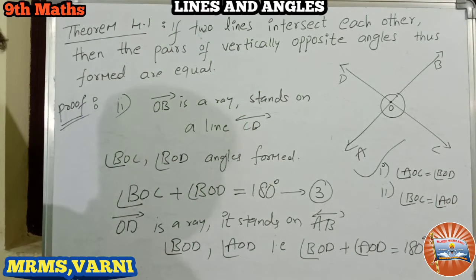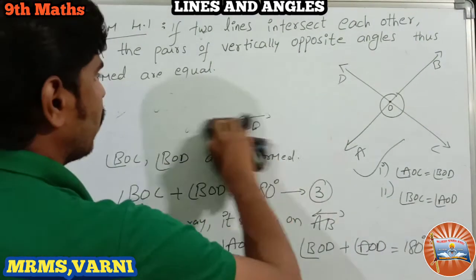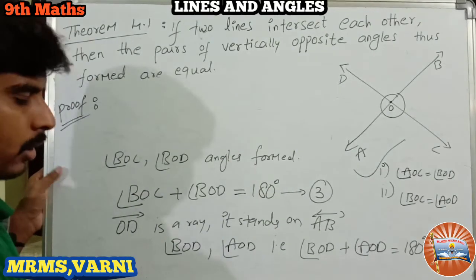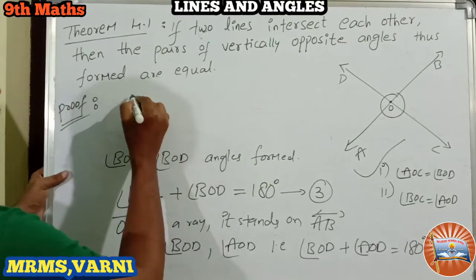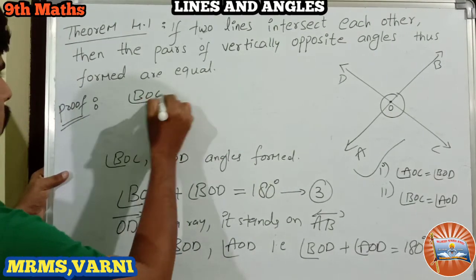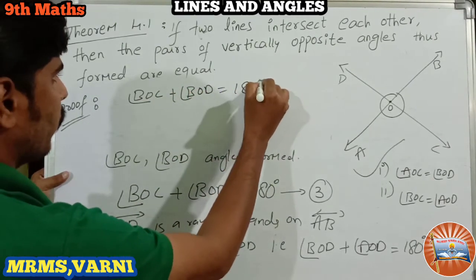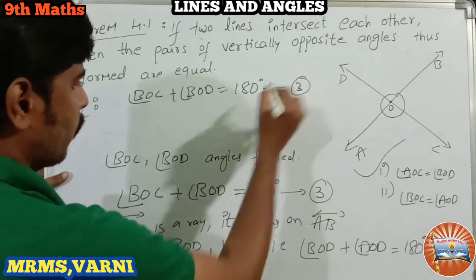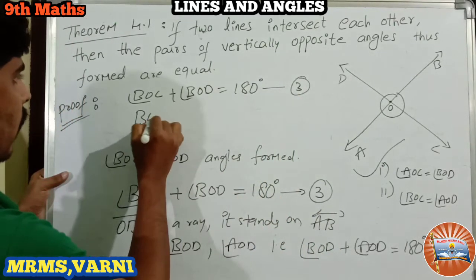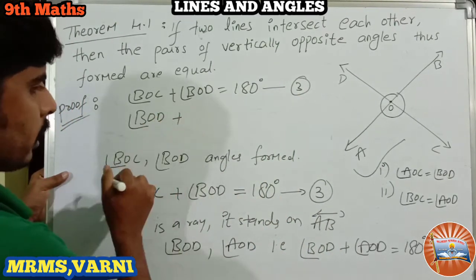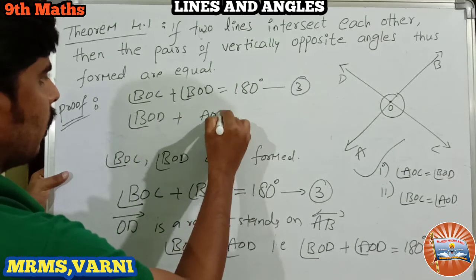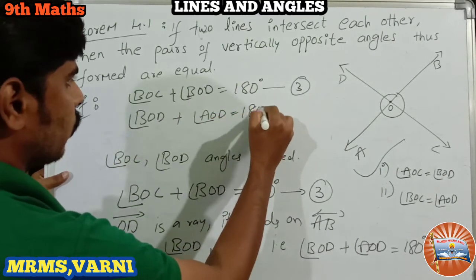Okay, so what did we get? Let us write the two equations. Equation 3: angle BOC plus angle BOD is equal to 180 degrees. And equation 4: angle BOD plus angle AOD is equal to 180 degrees.